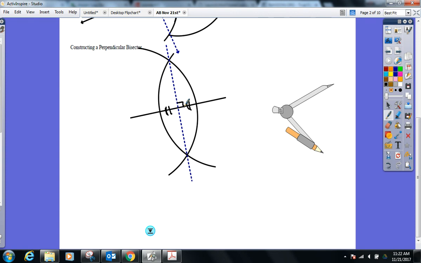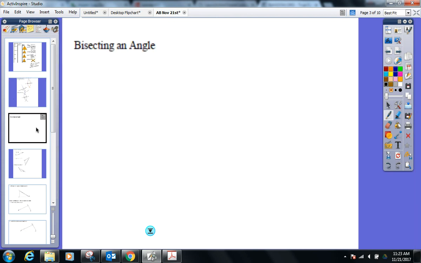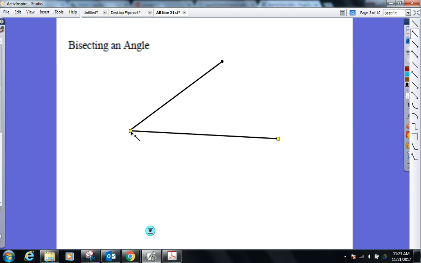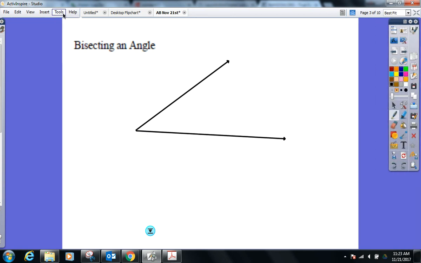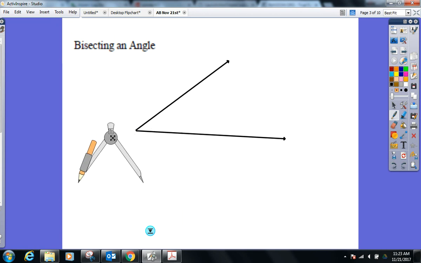So take your straight edge right now to sketch an angle. Okay, bisecting an angle. Everyone ready?